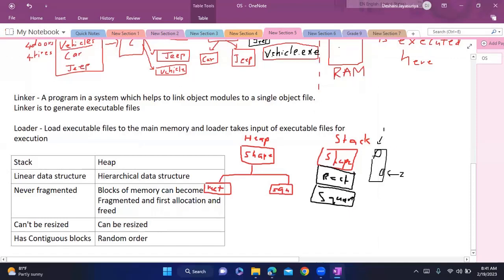Once you execute this file, it will be removed from your RAM. So when you remove that, the data fragments will be getting smaller, right? And the executable file is getting resized.